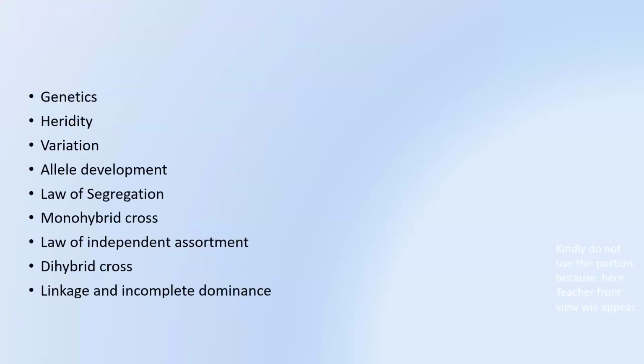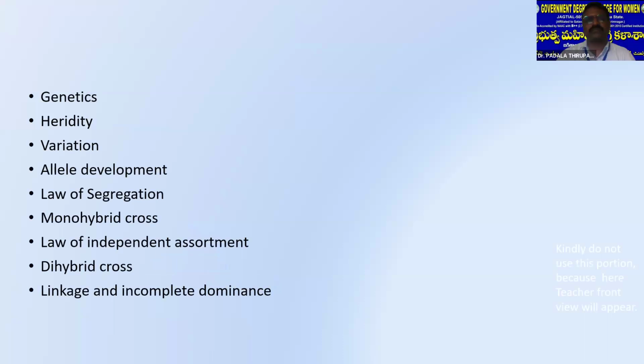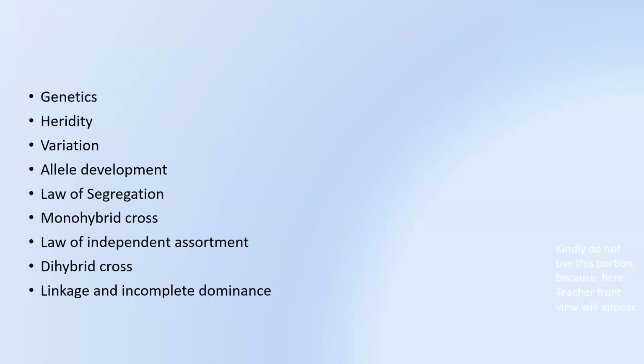Before that, every biology student should be aware of some concepts to understand genetics. First of all, every botany student should know the fundamental concepts in cell and molecular biology, that is the structure of DNA, steps in replication, biosynthesis of proteins, RNA synthesis, structure of chromosome, and types of cell division that occur in living organisms.